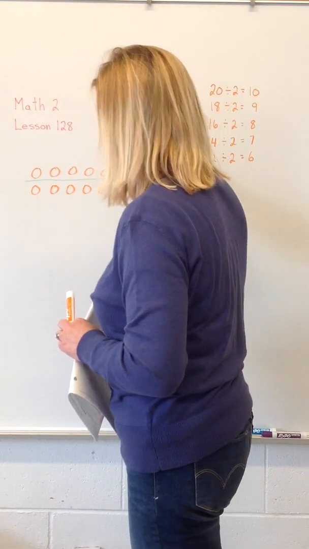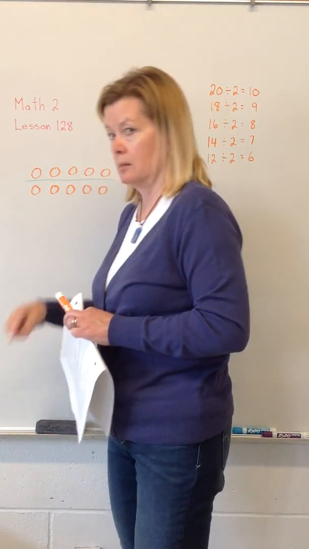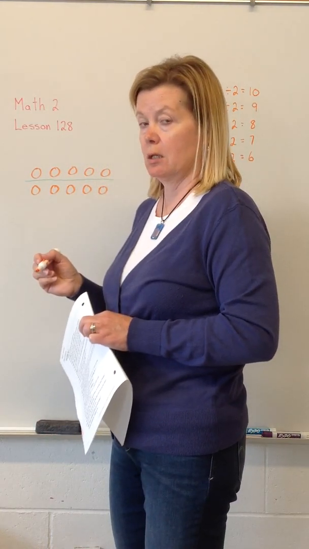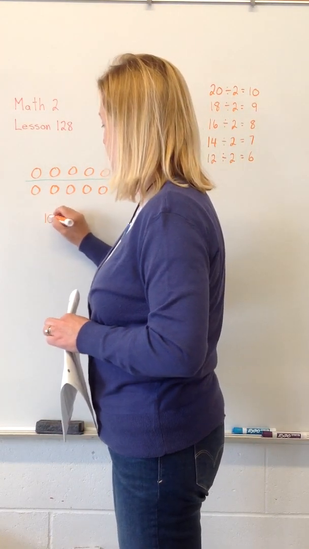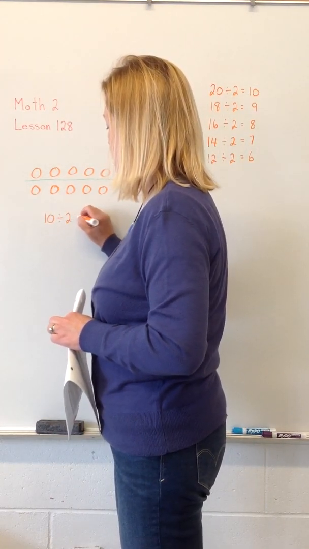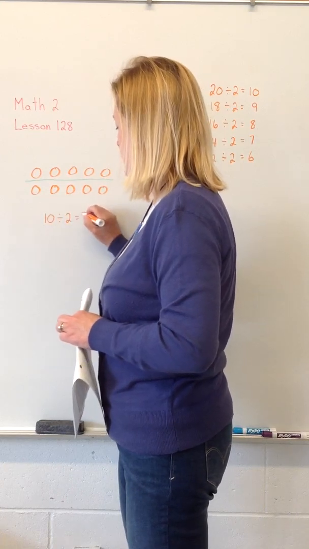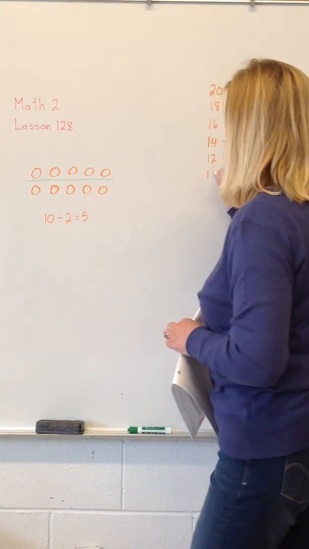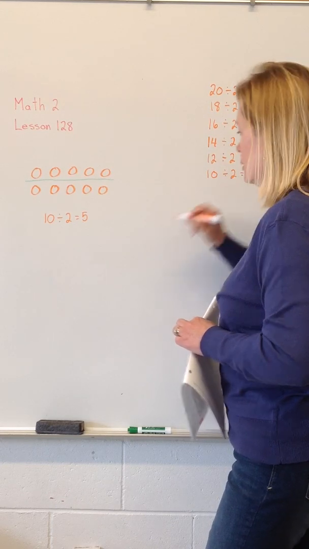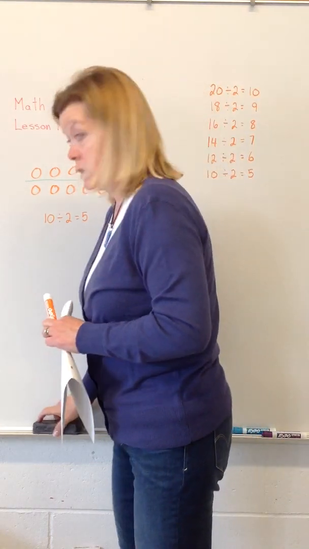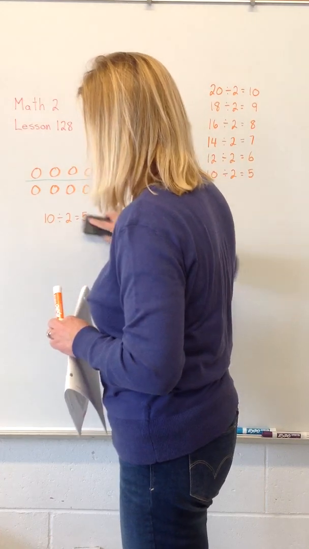And they subtract 2 children. Now how many do we have altogether? We have 10. And 2 groups equals 5 in each group. All right. Subtract 2 children.